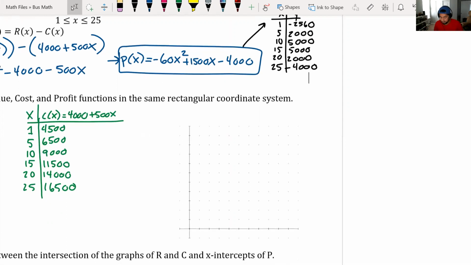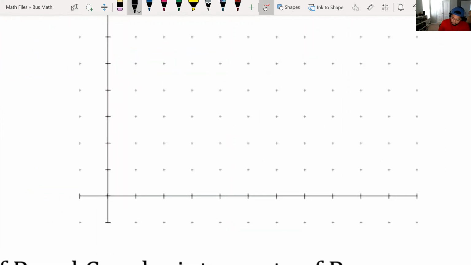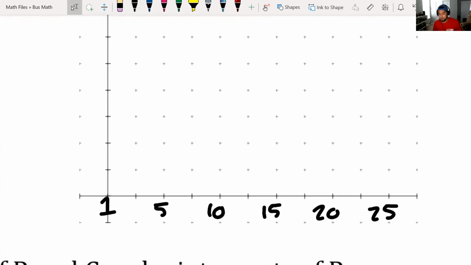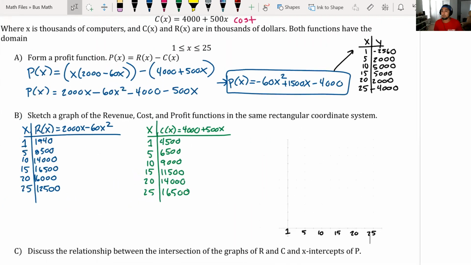Now let's plot. I'll make my x-axis accordingly. So 1, 5, 10, 15, 20, 25. Let's look at all my y values. 1,940 to 12,500, 4,500 to 16,500, and negative 2,560 to negative 4,000. So I think I'm gonna go by 2,000.